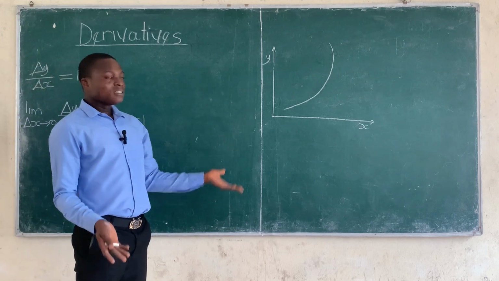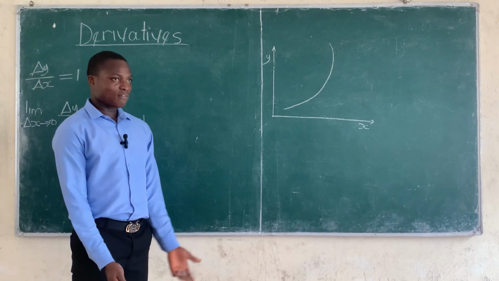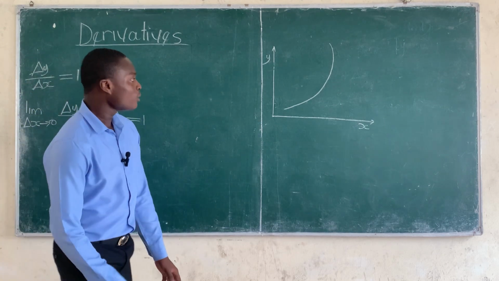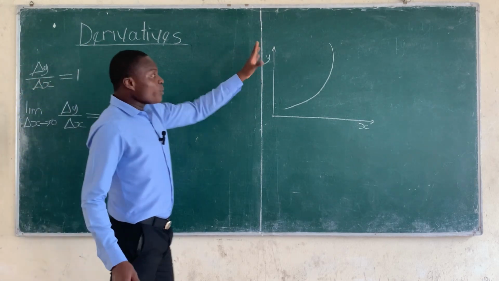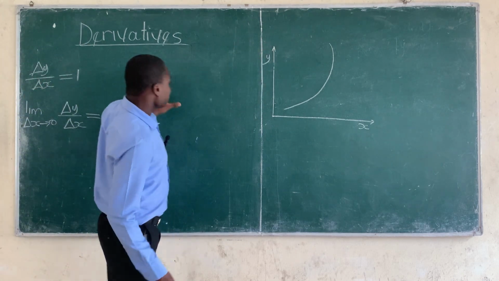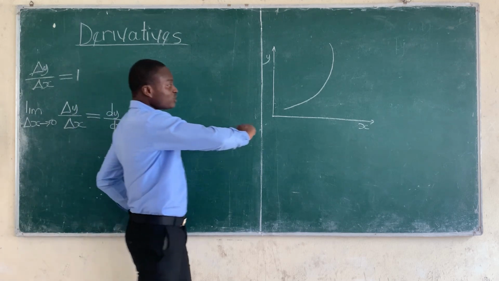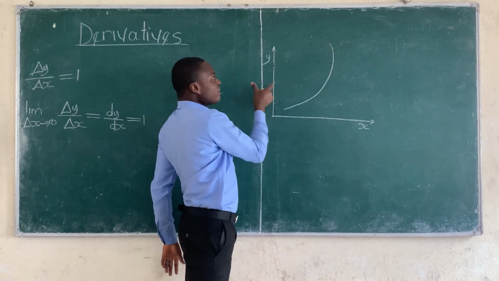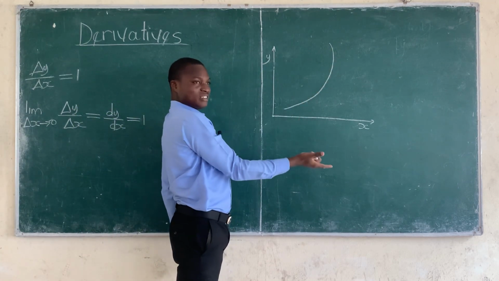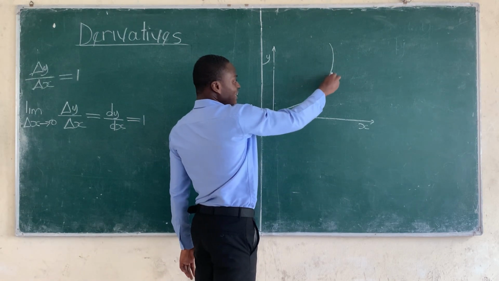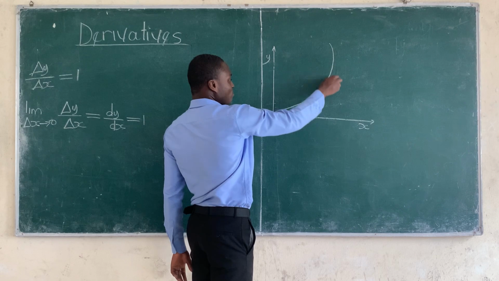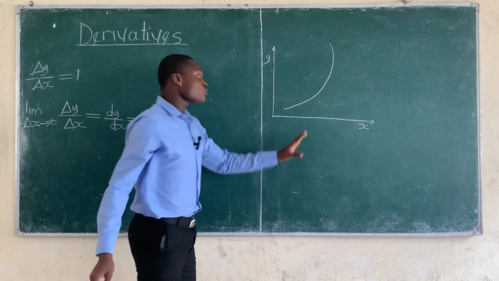How can we find the slope of this curve? When we have a straight line, we just take the increase in y divided by the increase in x, and we obtain the slope. But in this case, how are we going to take the increase in y and the increase in x? It will not work.